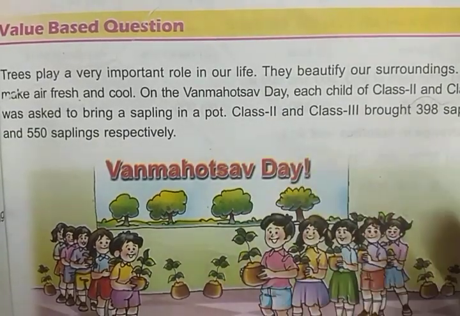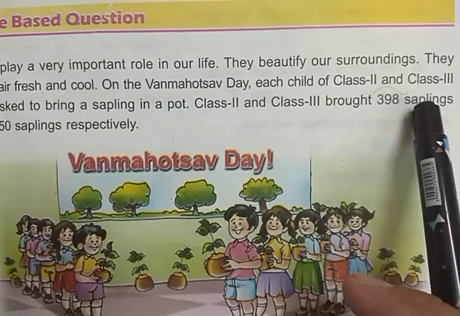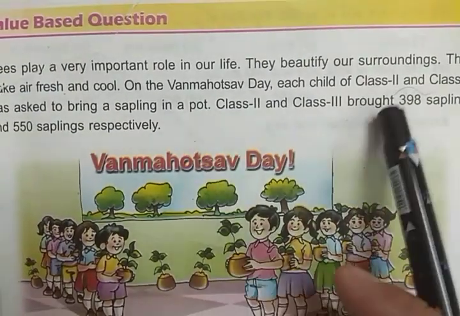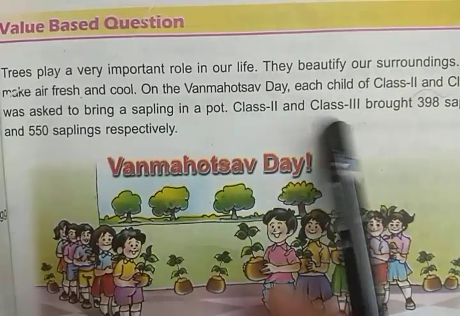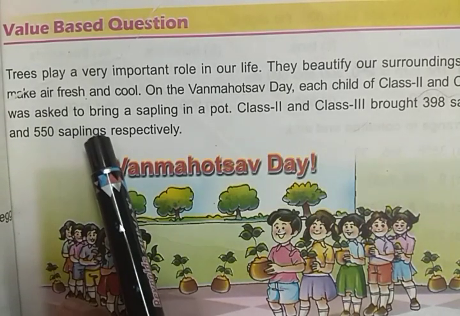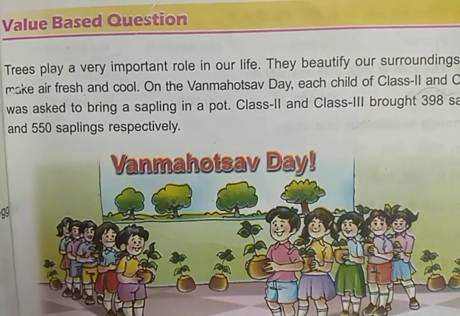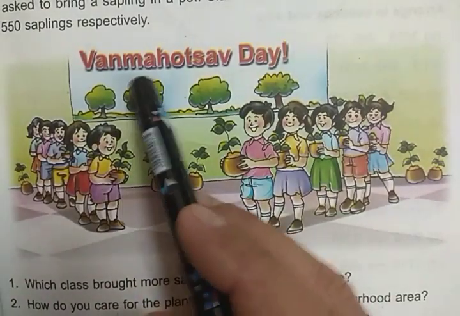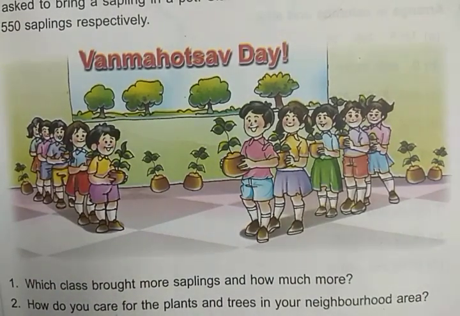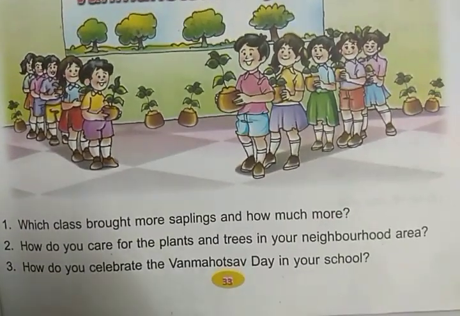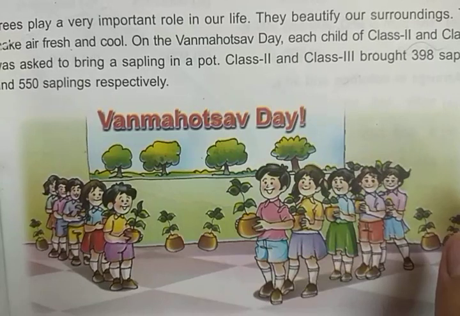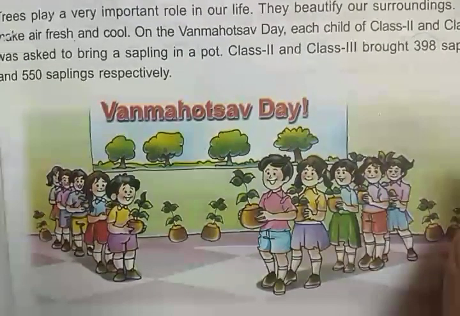Class 2nd and class 3rd brought 398 saplings and 550 saplings respectively. Saplings means छोटे छोटे पौधे. You can see here the picture, Van Mahotsav day, class 2nd and class 3rd. Now the question is, which class brought more saplings? Out of class 2nd and class 3rd, which class has brought more saplings?